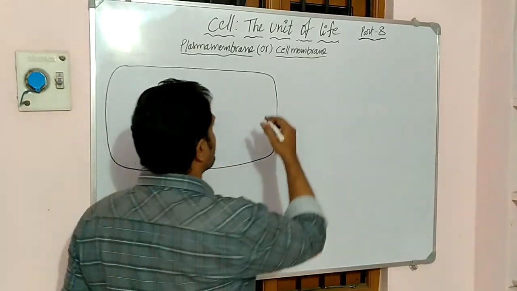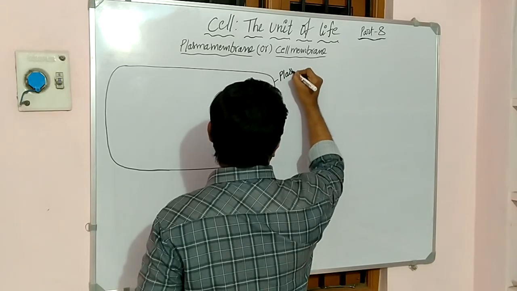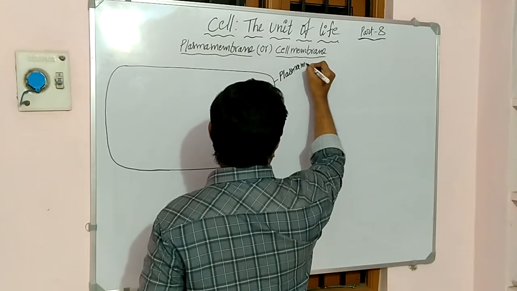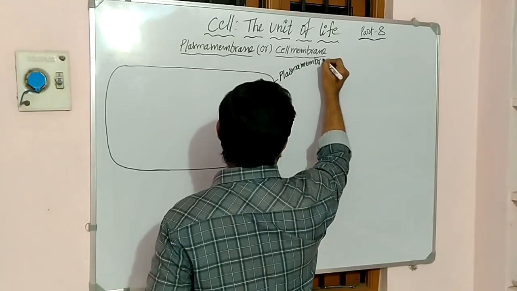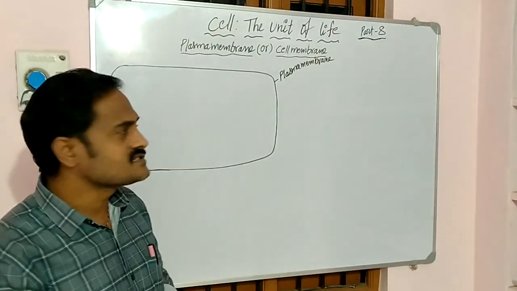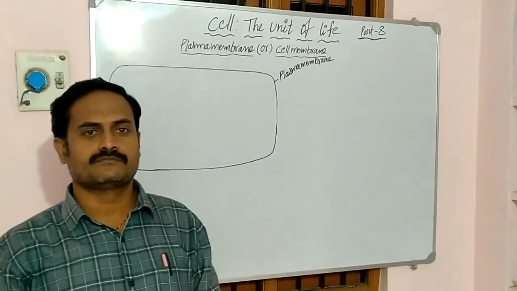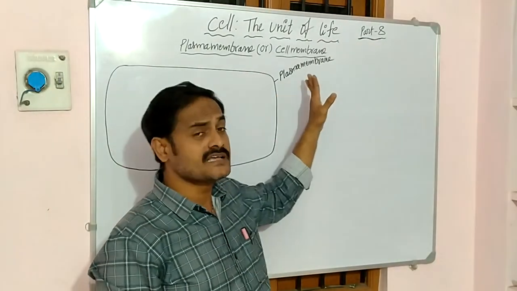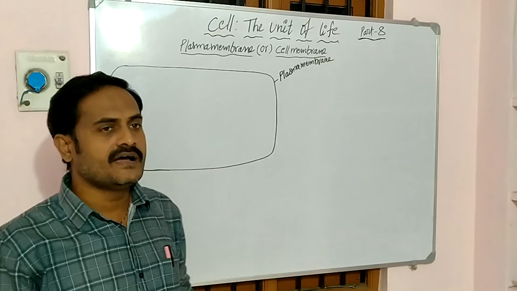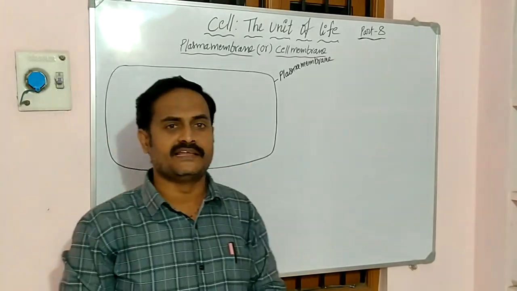So this membrane is called the plasma membrane. See here, the plasma membrane is a single membrane. Remember, the plasma membrane is a single membrane, but it consists of a lipid bilayer.